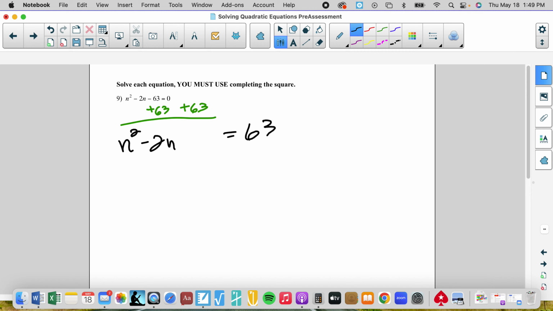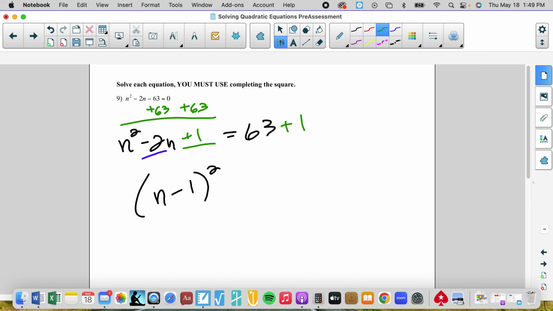So we get n squared minus 2n equals 63. Now the question is, what value here would make it a binomial square? What value would allow me to write it like that? Well, you take half of my b value, half of -2 is -1, and -1 squared is going to give me +1.